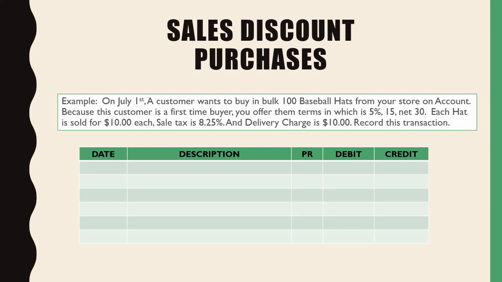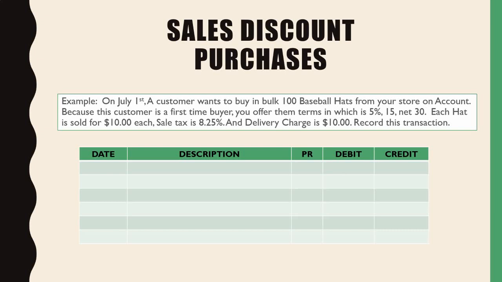If not, then they have to pay in full within 30. And of course, each baseball hat is going to be sold for $10 each. Sales tax is 8.25%. And an additional delivery charge is $10. Okay, so let's go ahead and record this transaction.